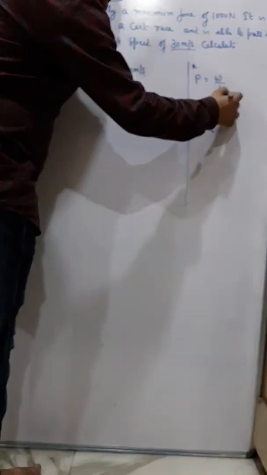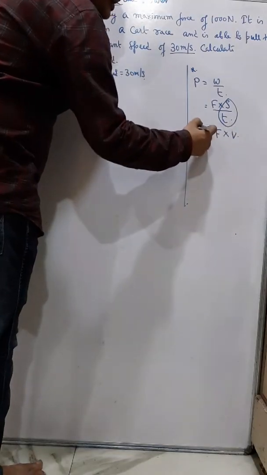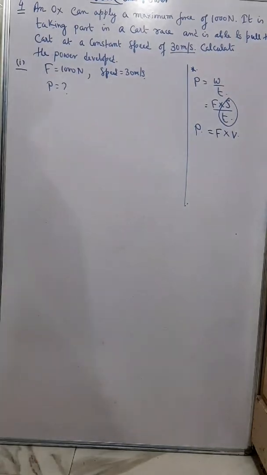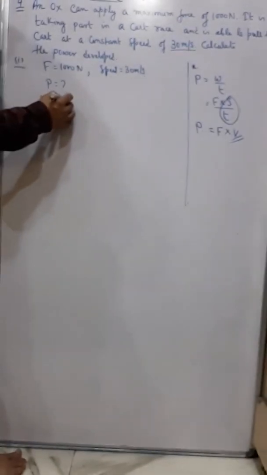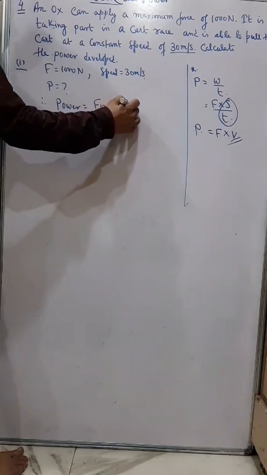And you know the distance by time or displacement by time means speed or velocity, right? So I can say that power is equal to force into velocity or force into average speed. So we can simply say, directly we can say power is equal to force into average speed.